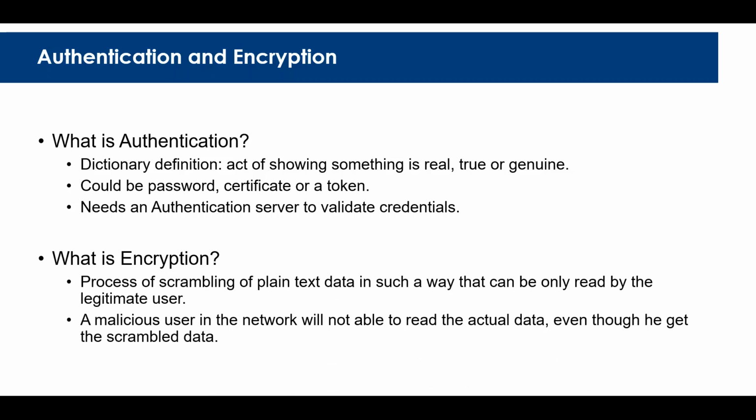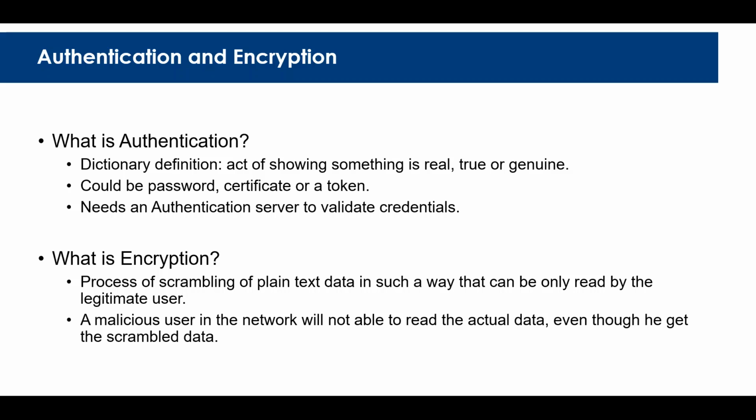Let's see what is basic encryption. I know this is a basic topic, but let's go through it. Encryption is the process of scrambling the plain text data to an encrypted text, which can be read only by a legitimate user.